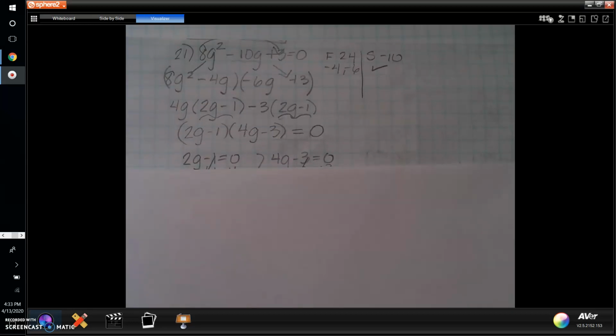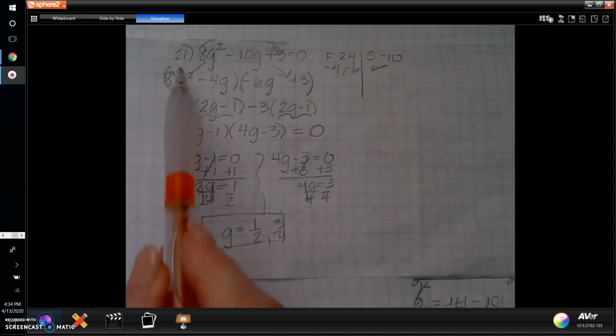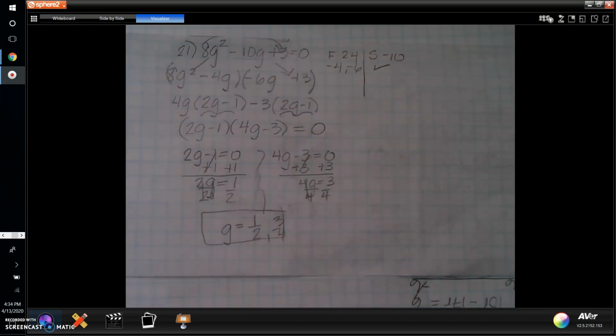They both are set equal to 0. So then we've got two-step equations, which you know. And when I solve, I get my first answer to be 1/2 and the second one to be 3/4. So I have g equals 1/2, and it can also be 3/4. This is what you could substitute into the equation to make it true.